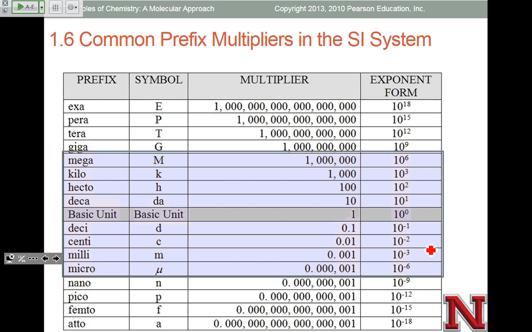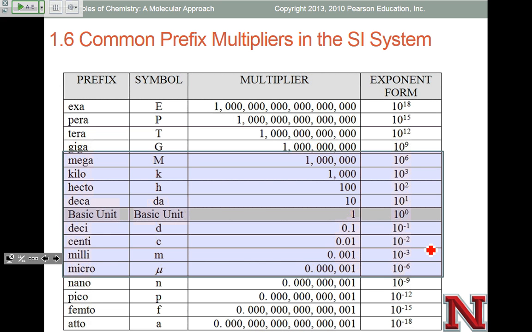So deci is 10. That's pretty common terminology. Centi, I think from the time you were pretty young, you've known that means 100. So those things are pretty easy to remember. And then deca, again, that's 10, but that's going to be above. So that's how you use it.